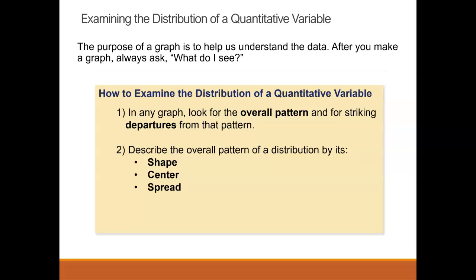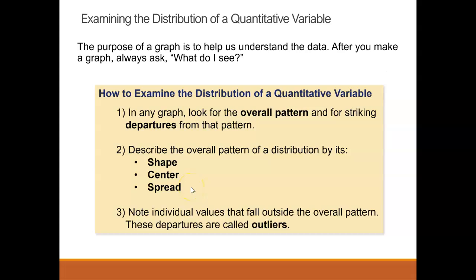In general, what I'm looking for is SOCS: the shape, the outliers, i.e. the departures, where the center of my data is, and the spread of my data. If I ask you to describe a distribution, those are the 4 things you should talk about: SOCS, shape, outliers, center, spread. We'll define what these things mean in a moment. Don't forget your SOCS.